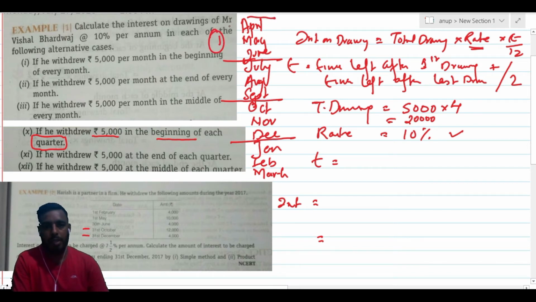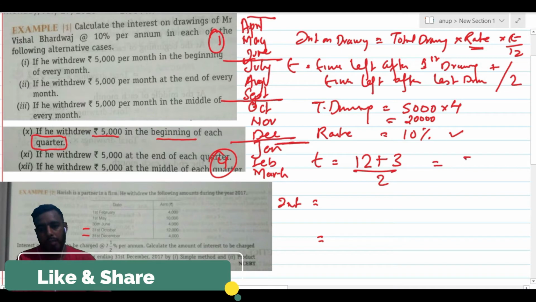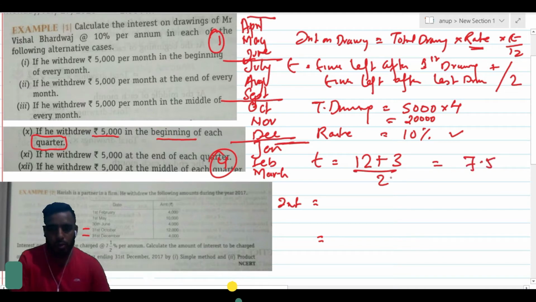So the time left will be 12 months. And in the last quarter, the withdrawing will again be at the beginning, so on 1st January, because the beginning of the last quarter is January. So the time left will be 3 months. So 15 by 2 will be 7.5.